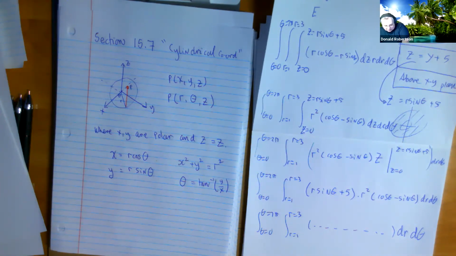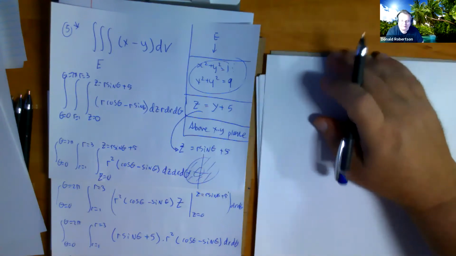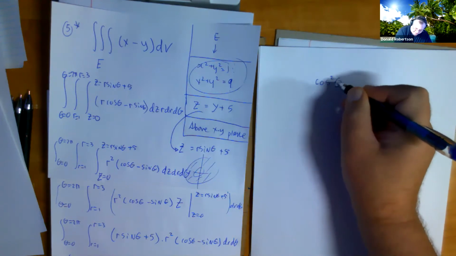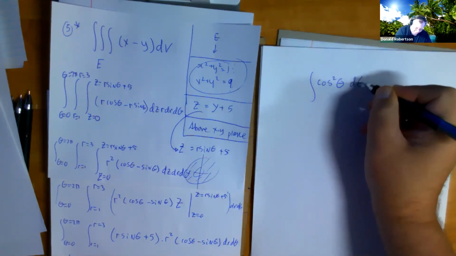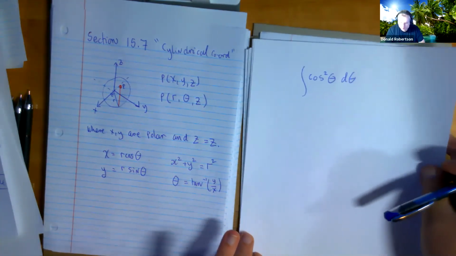Now, can you imagine when you do it, you're going to have r cubed sine theta and r squared cos squared theta and all sorts of combinations of r sines and cosines. And that is going to challenge you. By sheer coincidence, that's exactly what my Calc 2 students are doing right now, how to integrate trig functions. So, side issue. Imagine that you had to integrate that guy. Let's think about how you would integrate just that one particular problem.